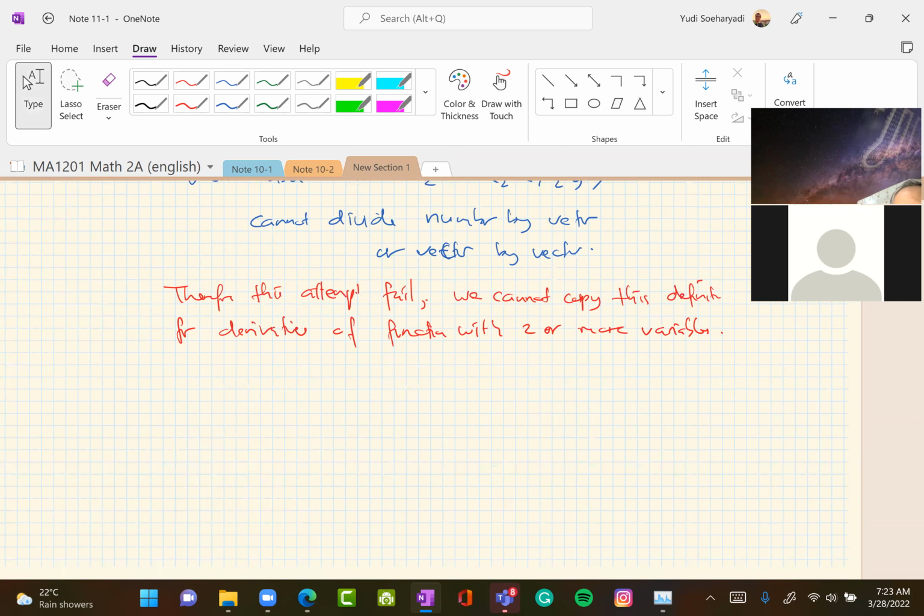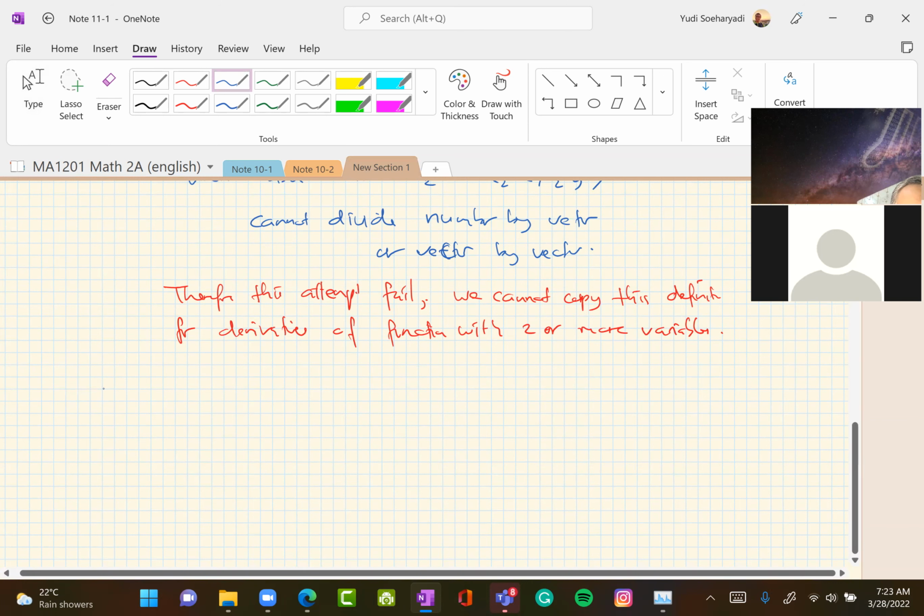Now let's pretend. We let f be a function of two variables, and this is a number. So a vector goes to a number.